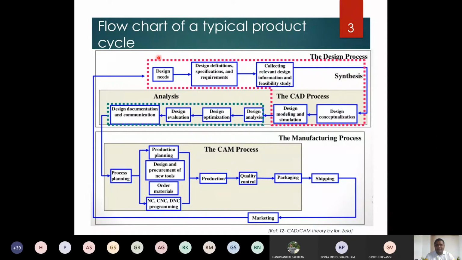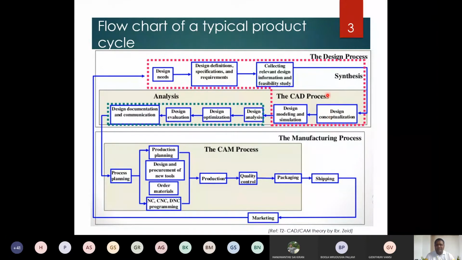Try to understand that. And what do you mean by CAD process? All the six phases in the horizontal second row, he is calling the CAD process, which means conceptualization and modeling, analysis, optimization, evaluation, and design documentation. All these six phases come under the CAD process.